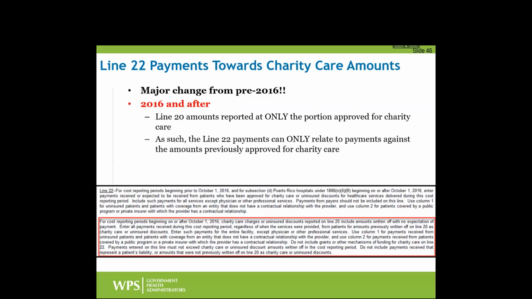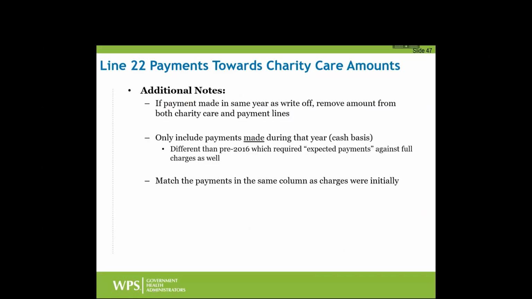Not saying it's unheard of, it definitely happens, but it shouldn't be the majority of your claims. Otherwise, why did it get approved for charity care to begin with? That's the thought. So line 22, for whatever amount is there, does offset the allowable charity care.